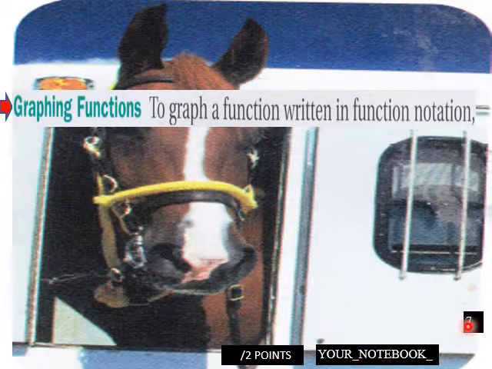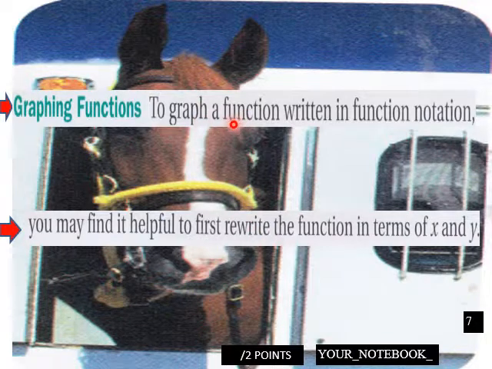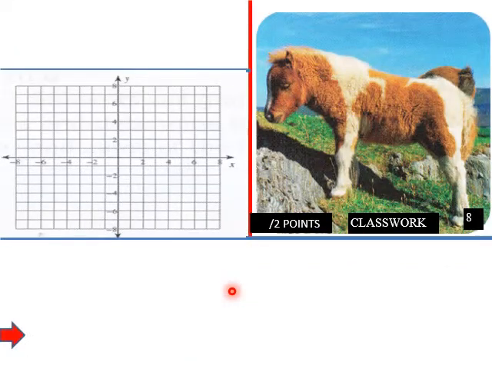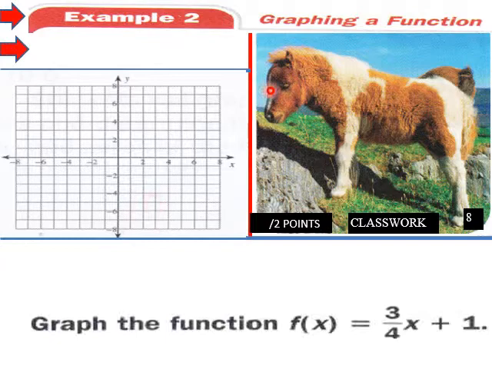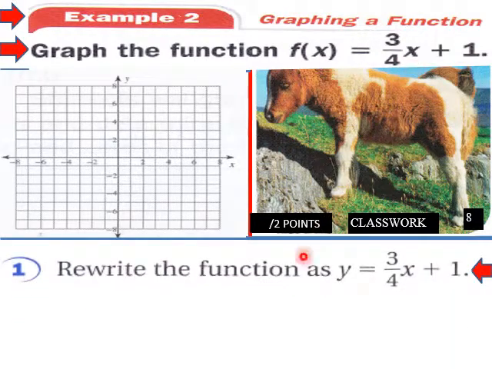Okay, in notebook, page 7, students, for your notebook entry here, graphing functions. To graph a function written in function notation, you may find it helpful to first rewrite the function in x and y. So graph the function f of x equals 3/4 x plus 1.